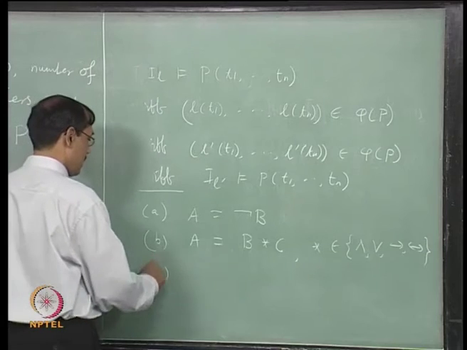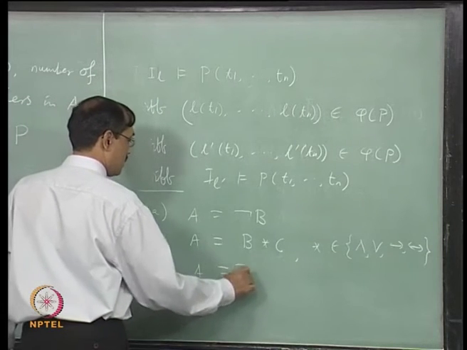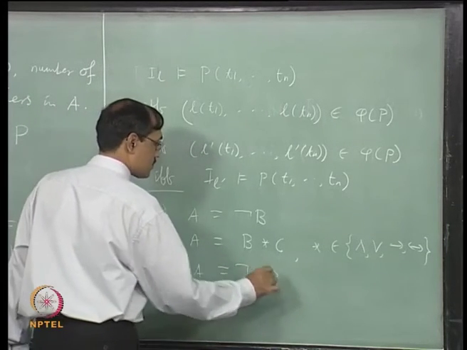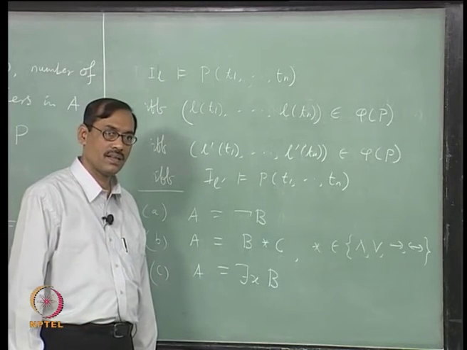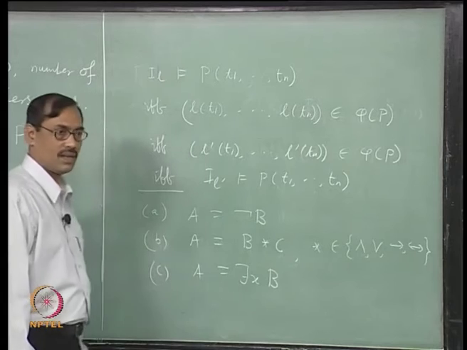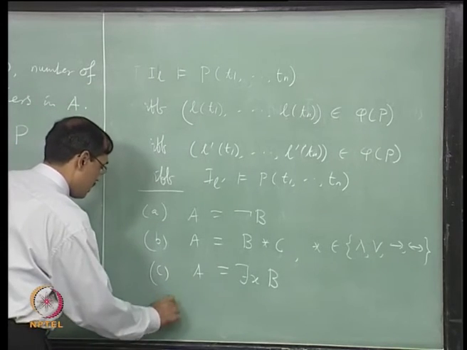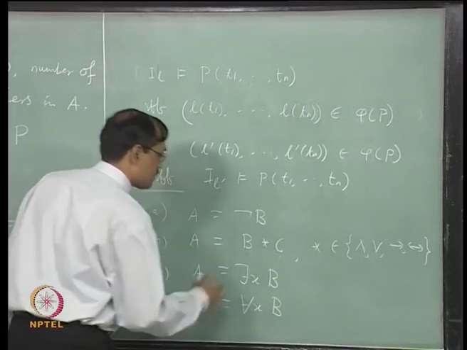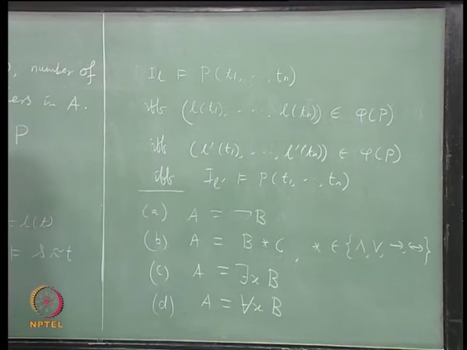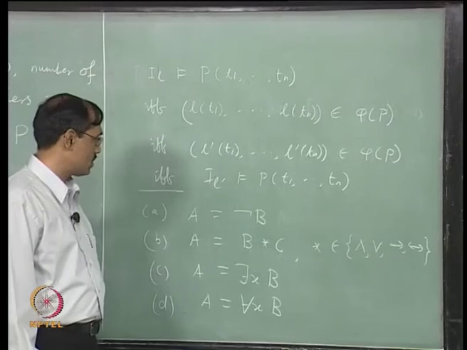Or it can be in the form there exists x B, where B is another formula, x is a variable, okay, or it may be in the form A equal to for each x B, one of these 4 possible. Then in each case let us see.